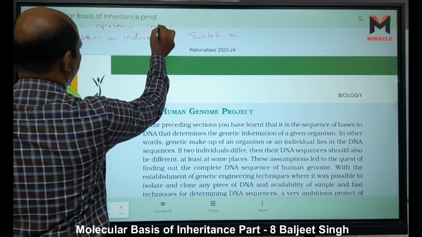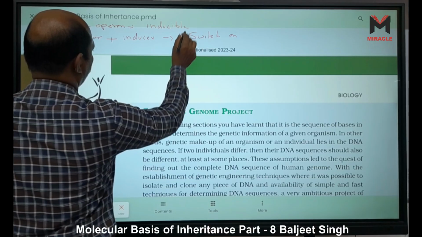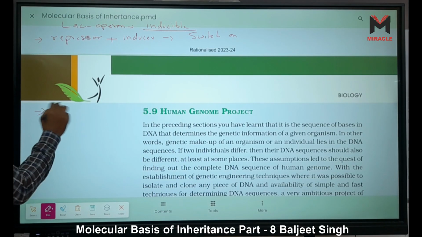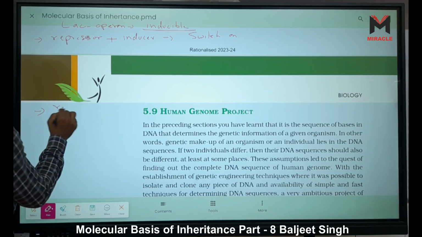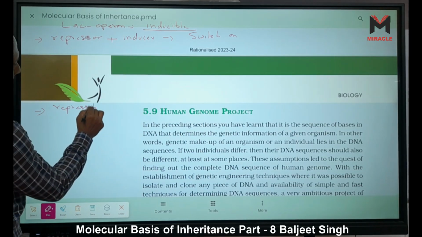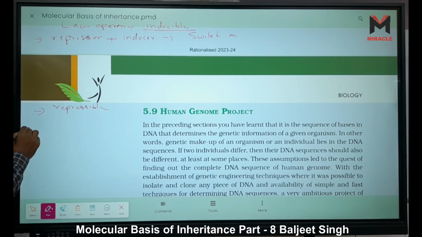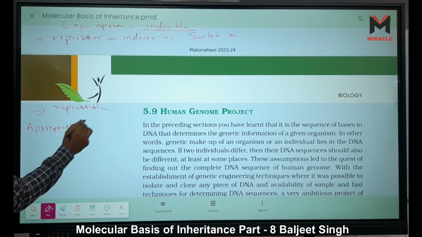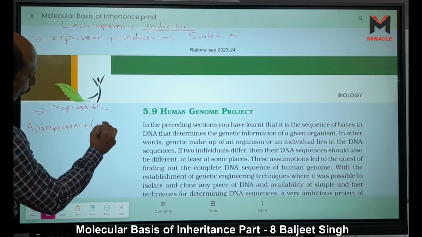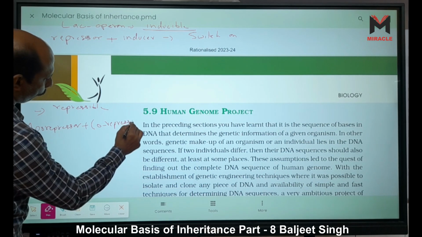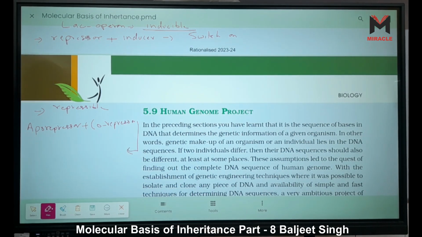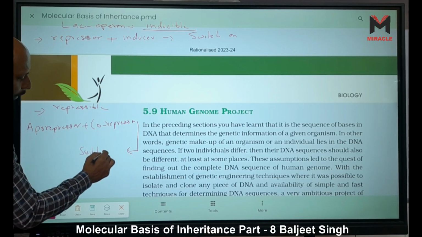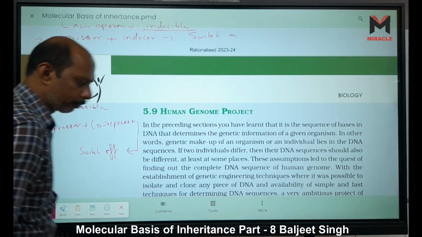That means we can say it is an inducible type of operon, right? But in case of a repressible operon, what happens here? Here, aporepressor plus corepressor, they become active as an apo-corepressor complex. Here, switch off process is there.